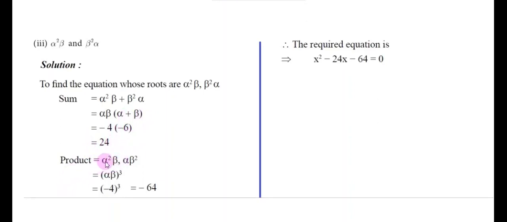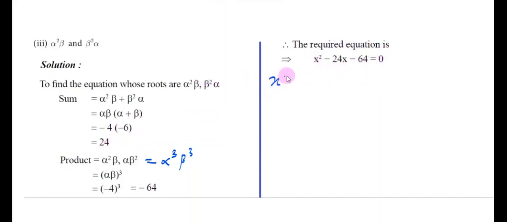And product alpha square beta into beta square alpha, so alpha cube beta cube, am I right? So alpha beta the whole cube, alpha beta value we know minus 4, so minus 4 cube equal to minus 64. So the required equation is x square minus 24x minus 64 equal to 0.